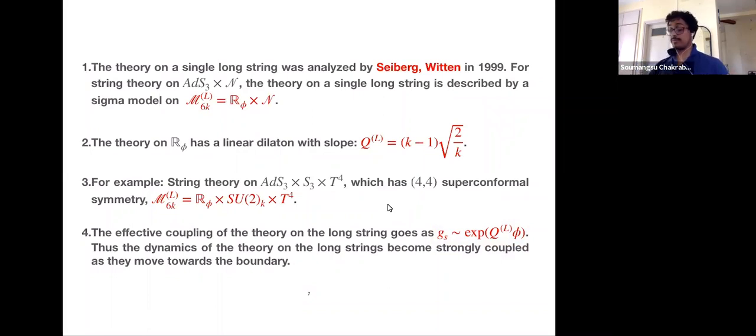But there is a wide region in the radial direction where the strings are weakly coupled, and one can use string perturbation theory to understand the dynamics of the long strings. That's the regime I'm going to stick to, where I have perturbative string worldsheet control.